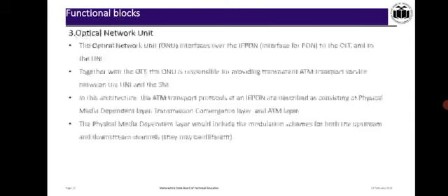Together, the OLT and ONU are responsible for providing the transparent ATM transport services between the UNI and SNI. In this architecture, the ATM transport protocols at the IF PON are described as consisting of the physical media dependent layer, the transmission convergence layer and the ATM layer. The physical media dependent layer includes the modulation schemes for both upstream as well as downstream channels.